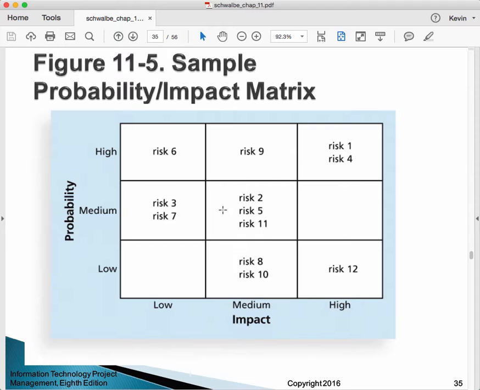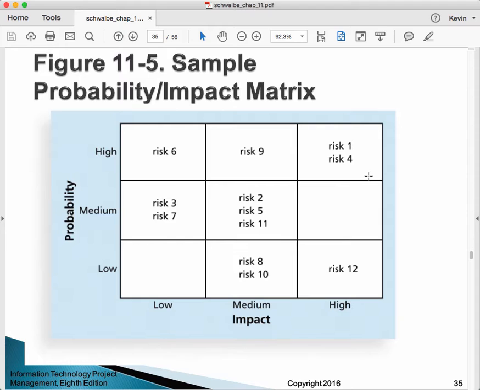It's not surprising that when we rate these things as high, like in this particular one, risk 1 and risk 4, that they're going to get a lot of our attention. They're highly probable and highly impactful. Now, again, it's not only the negative, but they have a high variability, okay? Positive or negative.